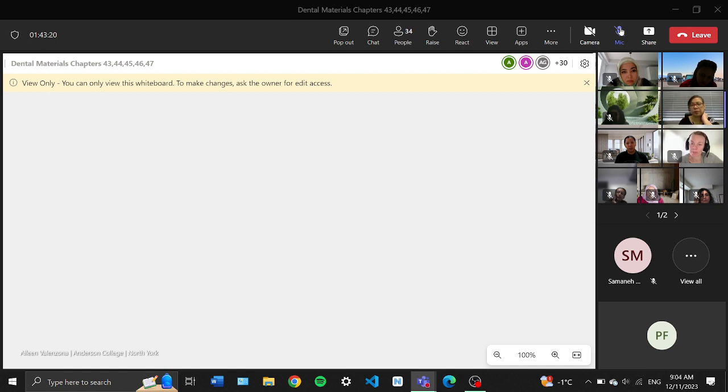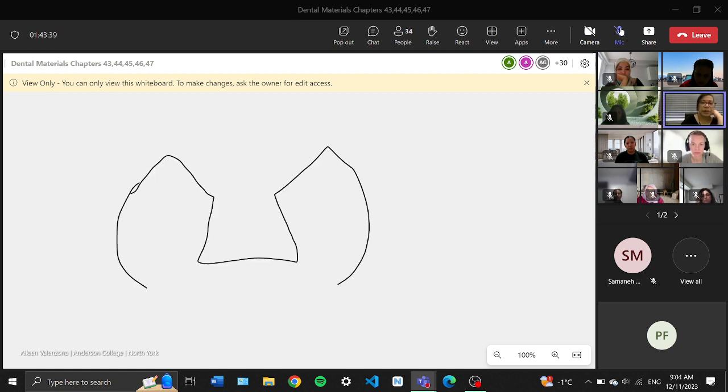The dentist is going to do a class 2 amalgam, so the dentist will drill the tooth. This is a molar class 2.